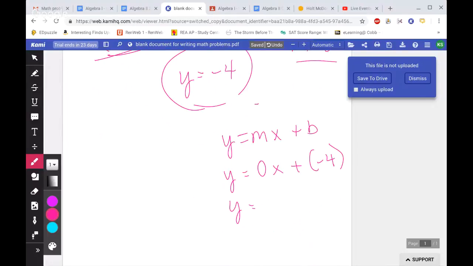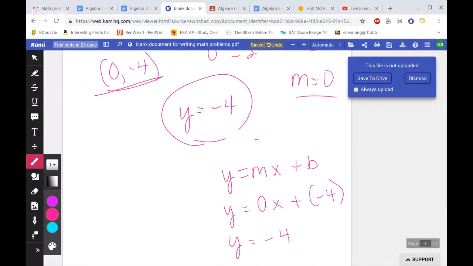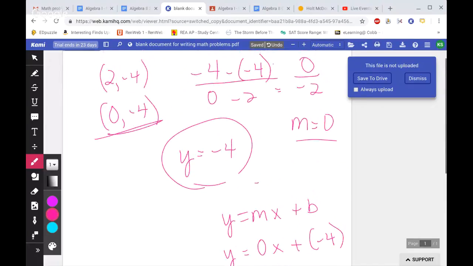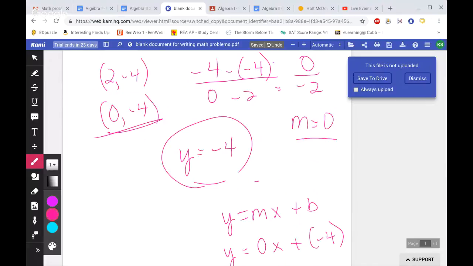But isn't the slope also anything is 0? And so then that's going to be -4, because this is 0 over -2. So 0 over -2 is equal to 0. If it were this, that's undefined. But this is 0.